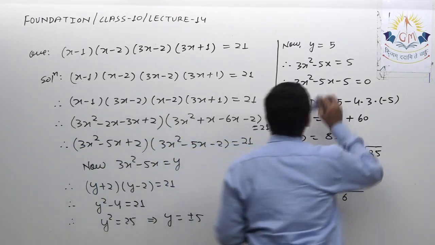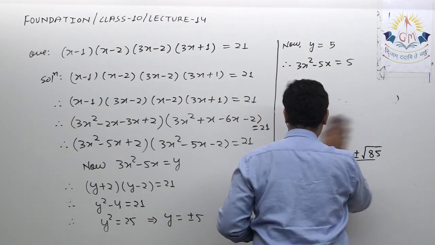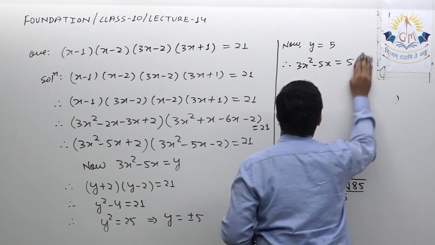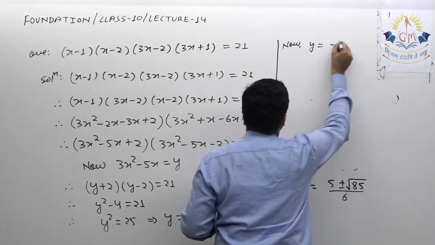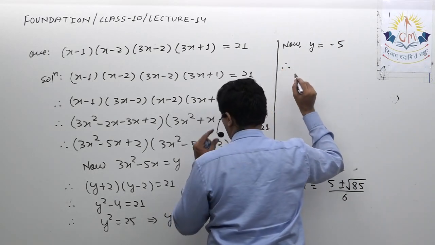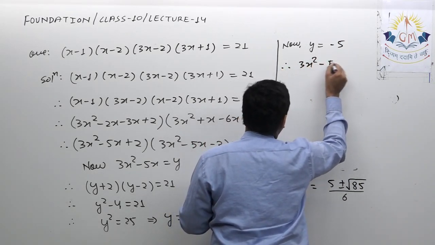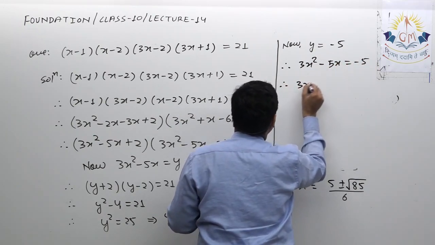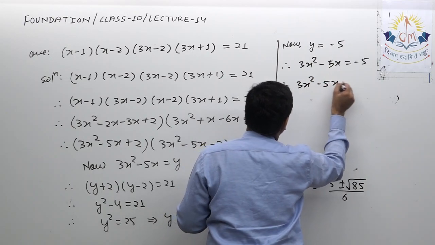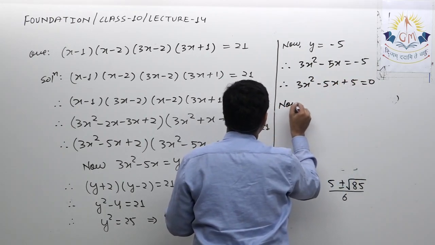Okay, so now when y is equal to minus 5, therefore I can write 3x square minus 5x is equal to minus 5. Therefore 3x square minus 5x plus 5 equal to 0. Now we'll find d for this.